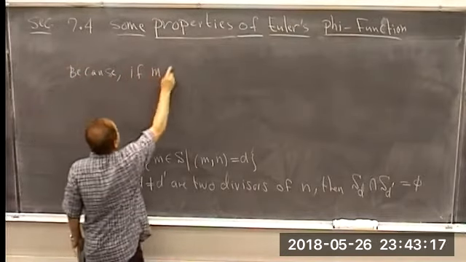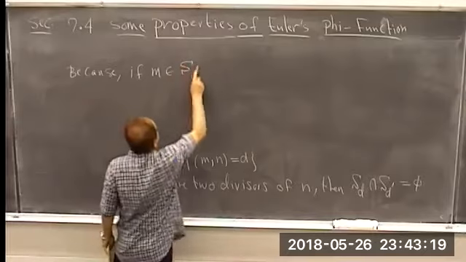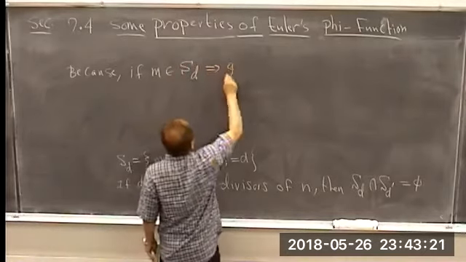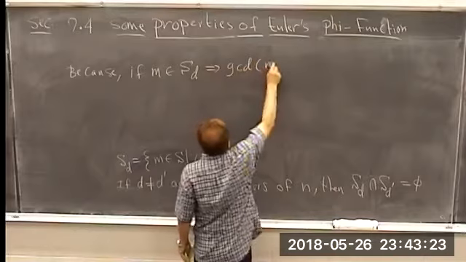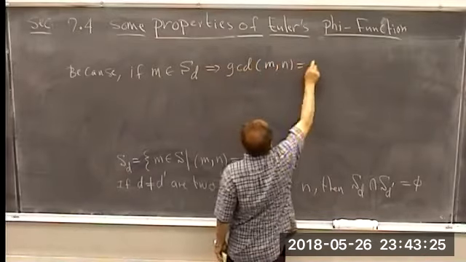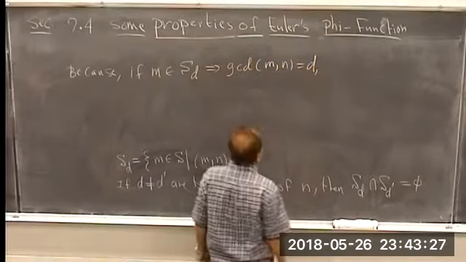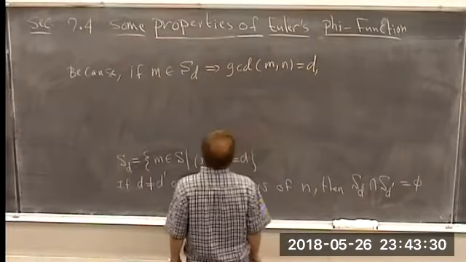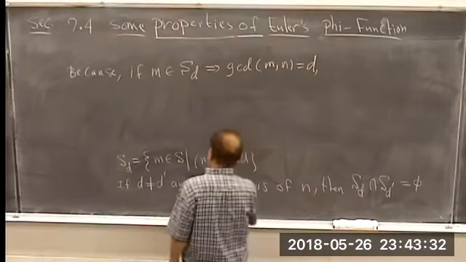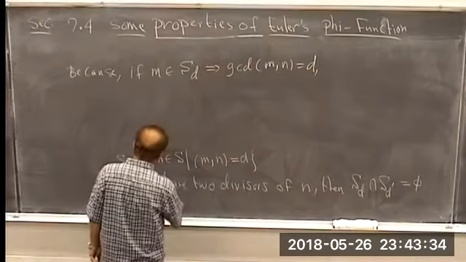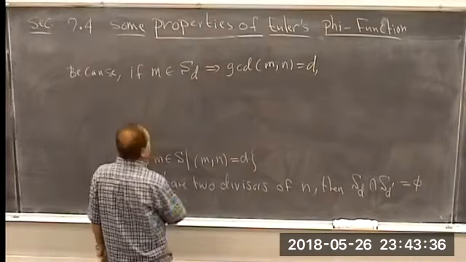If m belongs to S sub d, this implies the greatest common divisor of m and n is equal to d. And we are assuming, of course, that d prime does not equal d.